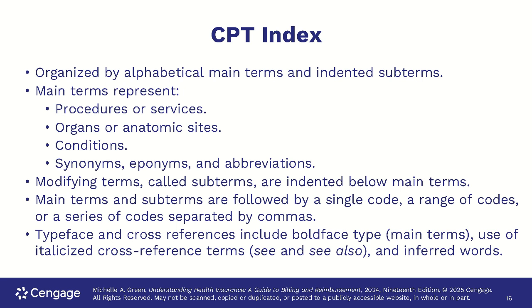Once you get to your main term, then you're going to look at your subterms, and you will notice the main term versus the subterm because the subterm is going to be indented. And sometimes they are further modified, indented by additional, I call them subterm to the subterm, that you will need to pay close attention to.